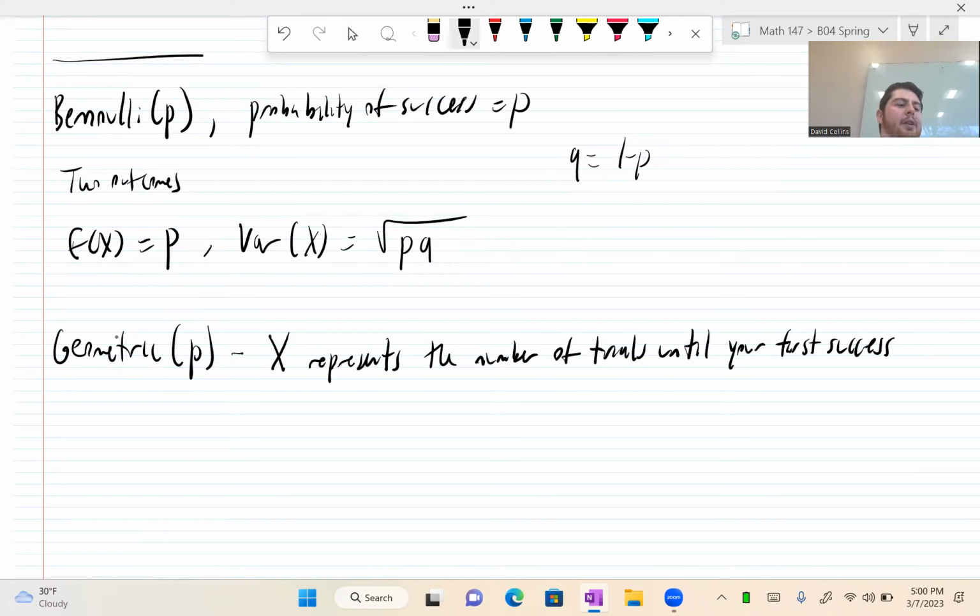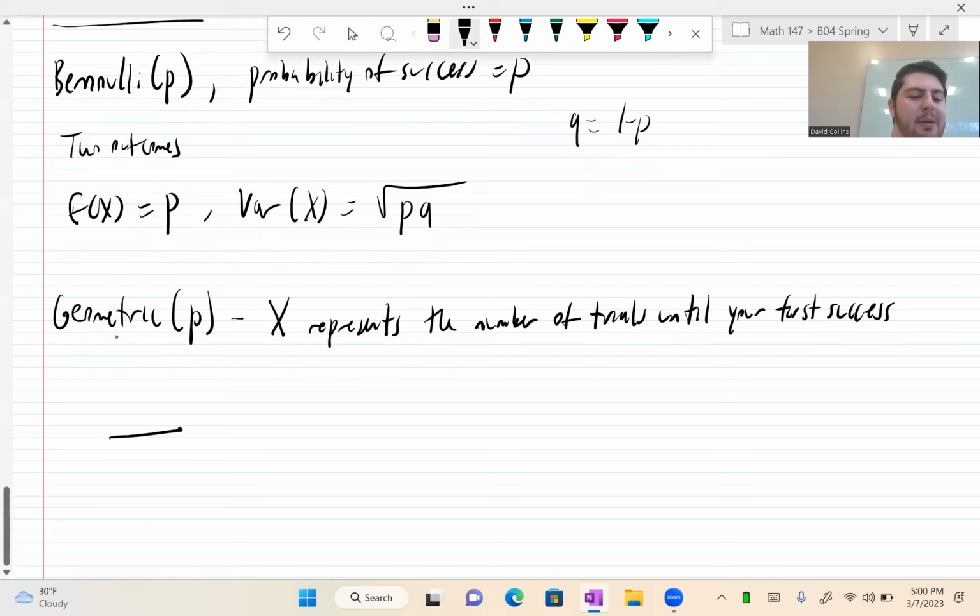So if you say, what's the probability I have to flip a coin 5 times to get the first head? That's geometric. You have to get 4 tails and then a head. Writing it out, that means failure, failure, failure, failure, success.